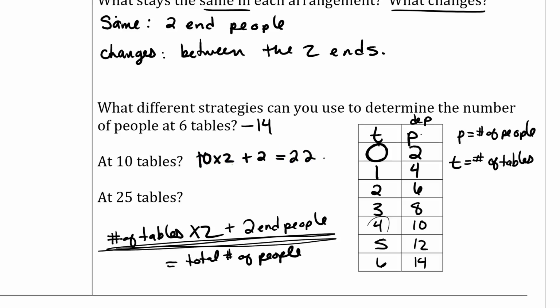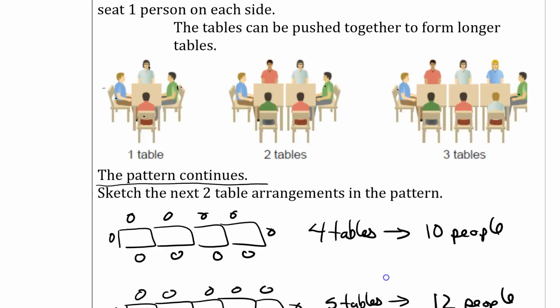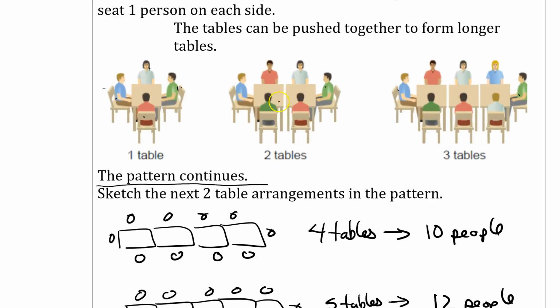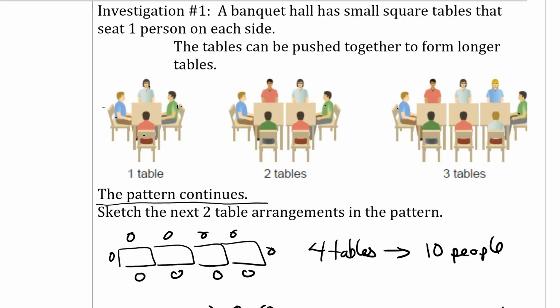What about at 25? 25 times 2 plus the 2 end people. So 25 times 2 is 50, plus 2 is 52. So what I'm going to give you more practice in is creating charts of data based on specific situations.